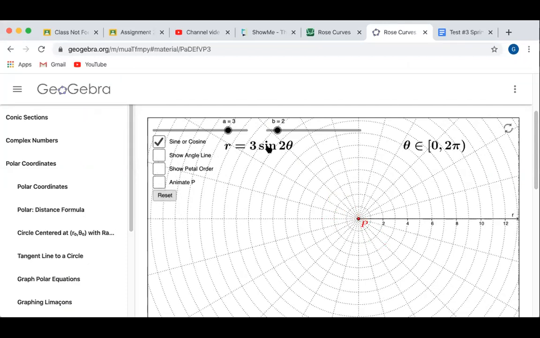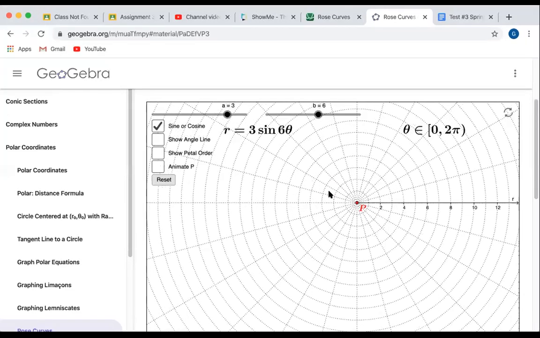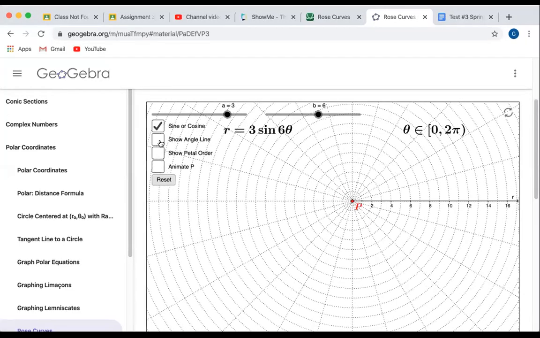I'll reset. Okay, so when I change that to 6, make this a little bigger if I can. Okay, so watch, I'll even throw all this stuff in. Okay, check it out. Here it comes.